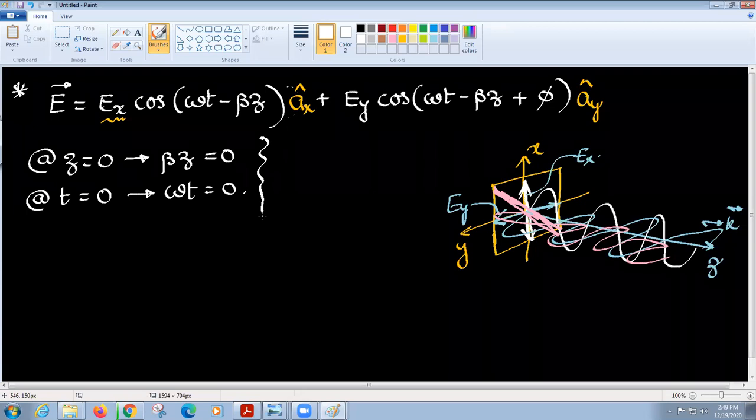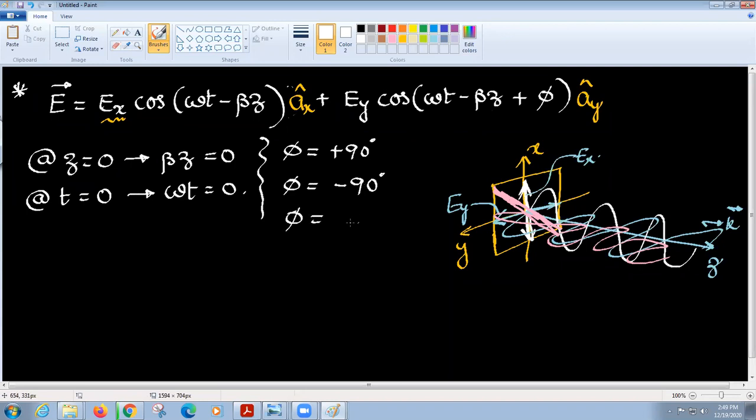Now we will have some cases for phi. First phi equal to positive 90 degrees, then phi equal to negative 90 degrees, and also phi equal to 0 degrees. So a 90-degree phase between Ex and Ey, and a 0-degree phase.